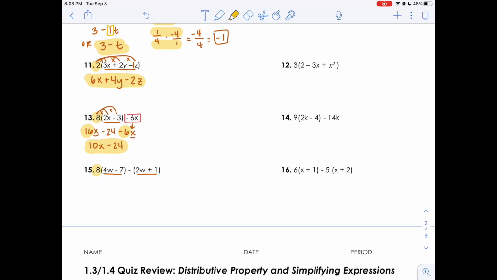Well, here I have 8 4w minus 7's. So what that means is I have 8 4w's and I have 8 times negative 7. I do not want to distribute this over here to the other parentheses because it's not connected. This is something tricky you want to look out for. Here I have a negative in front of this one.